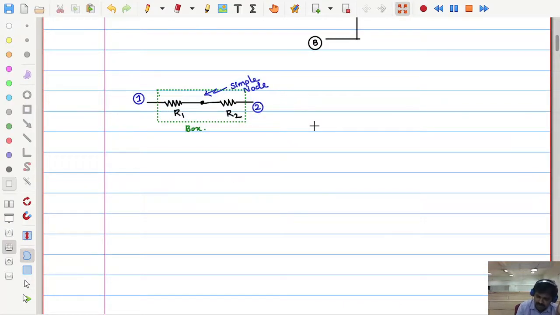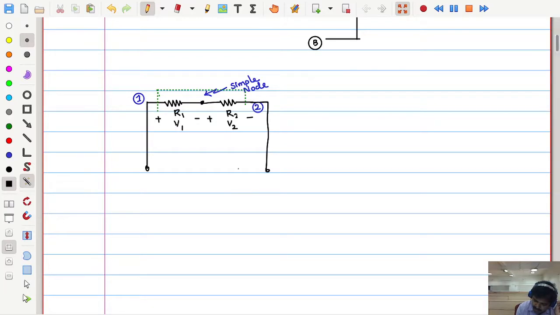Now we are confirmed that these are connected in series, and the voltage across the first element is V1 and the voltage across the second element is V2, and we get this V1 and V2 from a source. Let us say a source of V is connected.